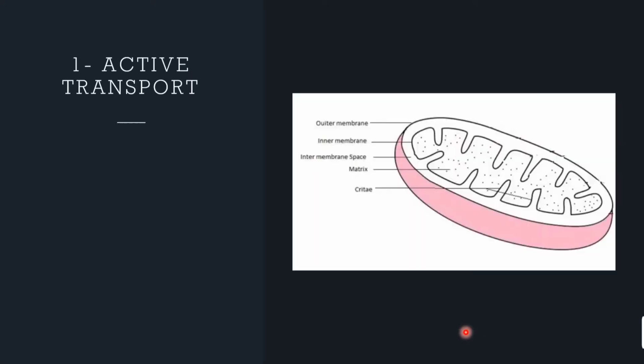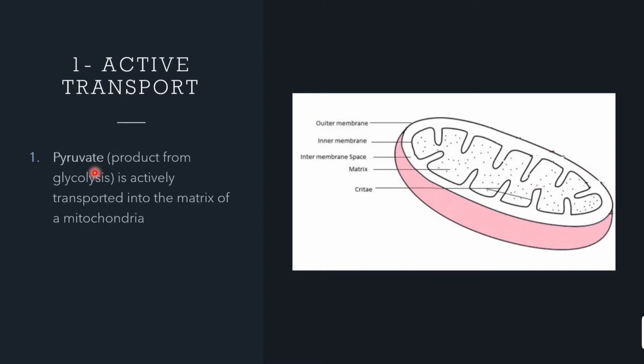So jumping straight into the process of the link reaction, our first stage is active transport. Glycolysis, the first stage of respiration, produces pyruvate. So pyruvate, the product from glycolysis, is actively transported into the matrix of the mitochondria.